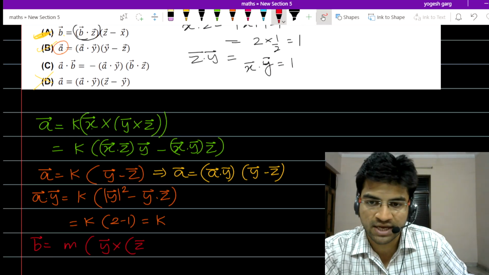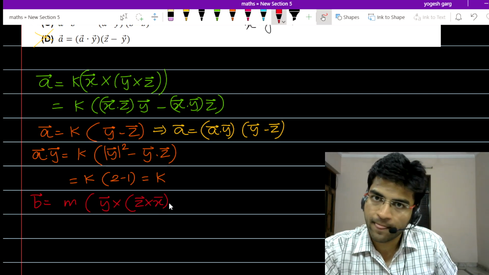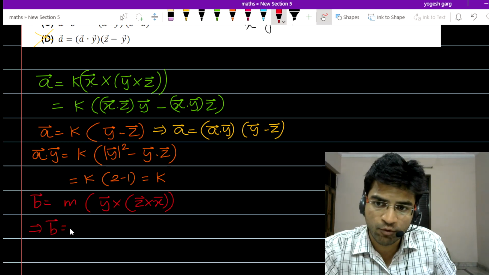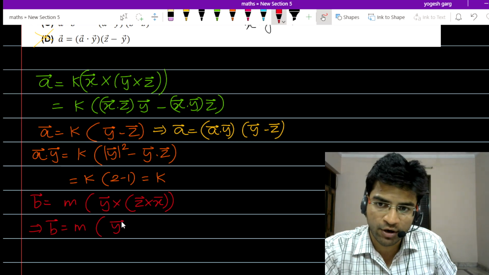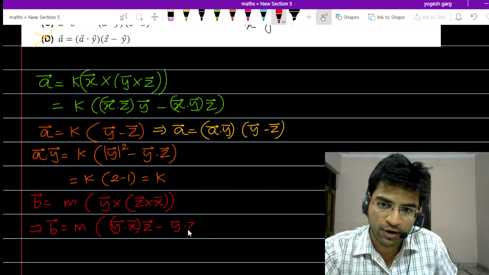It is z cross x, z vector cross x vector. So B vector is equal to m, y cross z cross x, which will be y dot x into z vector minus y dot z into x vector.